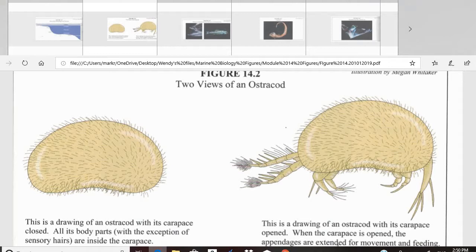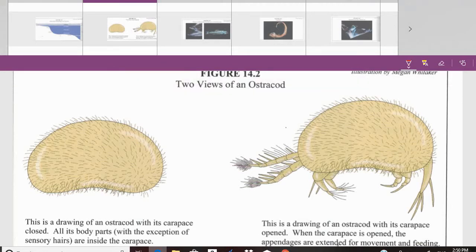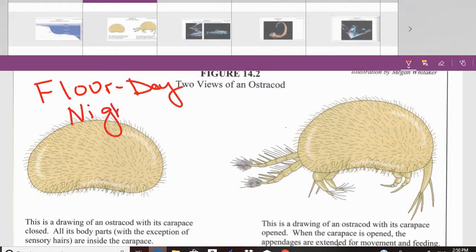And these organisms tend to live on the floor of the ocean by day. So they live on the floor in the day, and then at nighttime they will rise to eat. So they will come up into the mesopelagic area to eat at night.